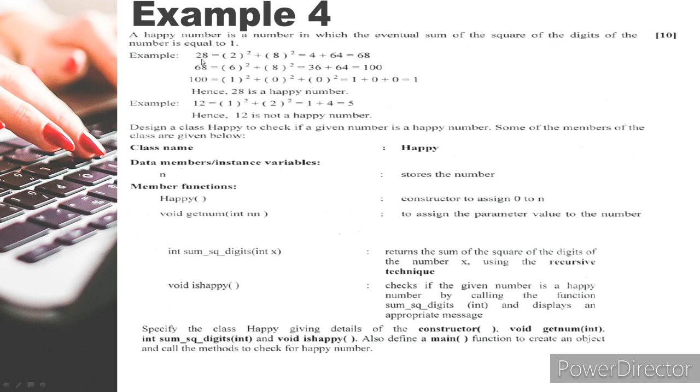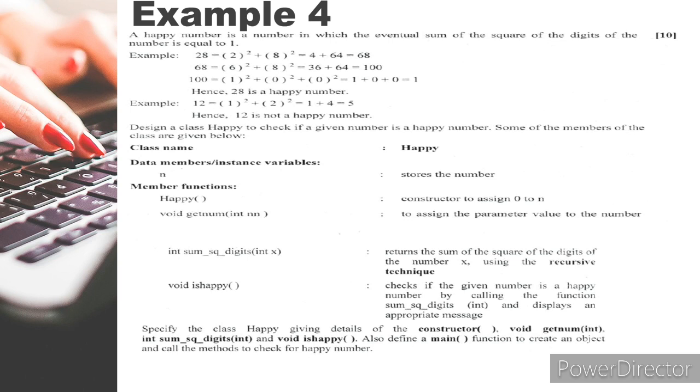See the example of 28: 2 square plus 8 square, 4 plus 64, 68, then 6 square plus 8 square, 36 plus 64, 100, then 1 square, 0 square, 0 square, it becomes 1. So 28 is a happy number and 12 is not a happy number, because 1 square plus 2 square is 5. That means we have to do this process until it converts to a single digit. And if this single digit is 1, then it's a happy number.